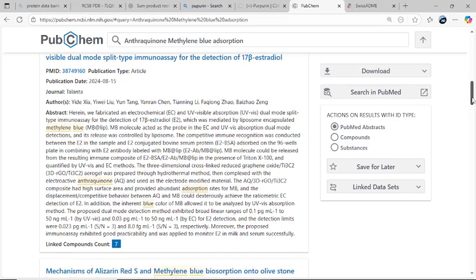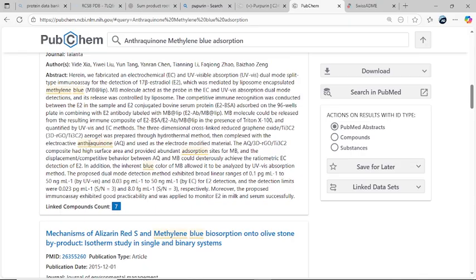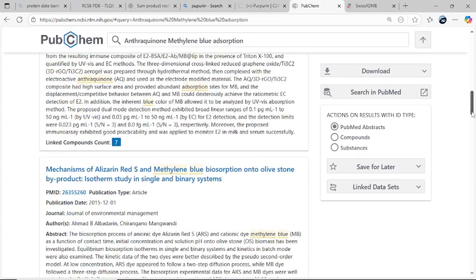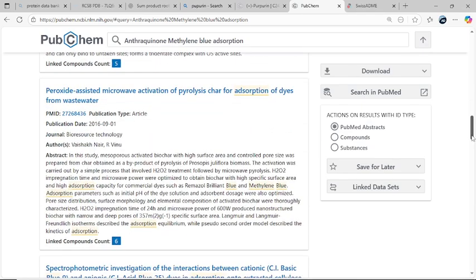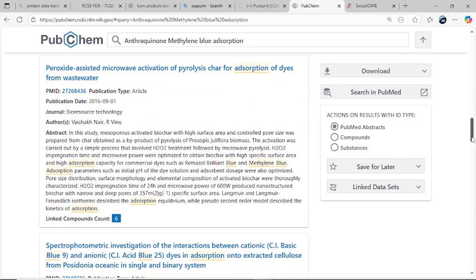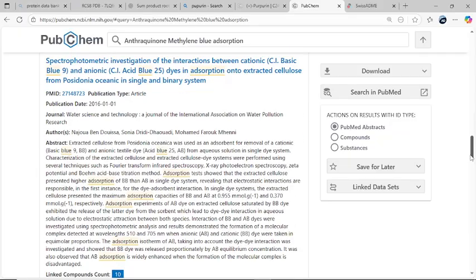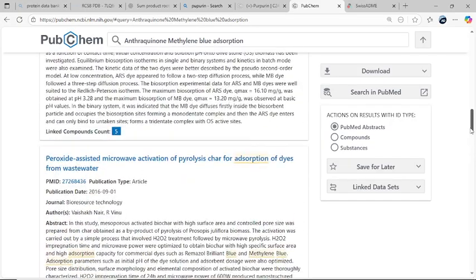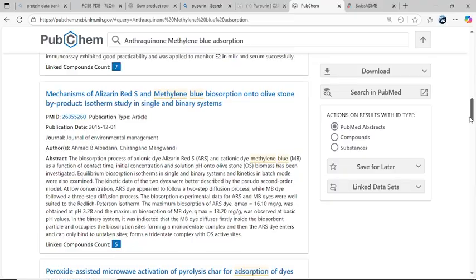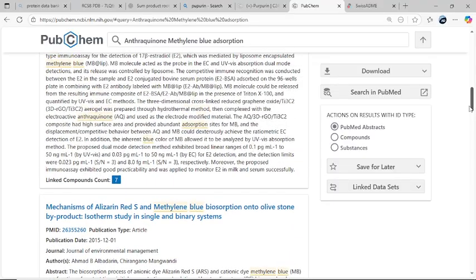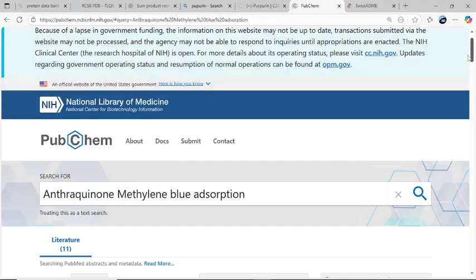Okay, I'm seeing something here. Electroactive anthraquinone used as electro-modified material for absorption. Okay, not that much. Maybe we'll be left to use AI because maybe anthraquinone has not been worked on.